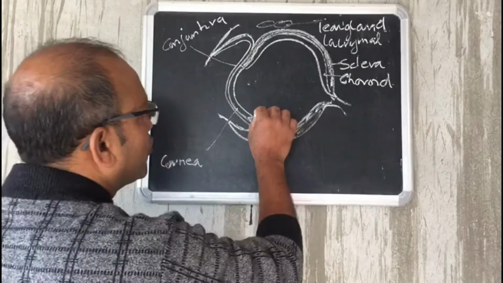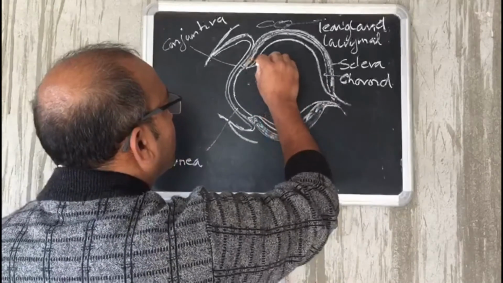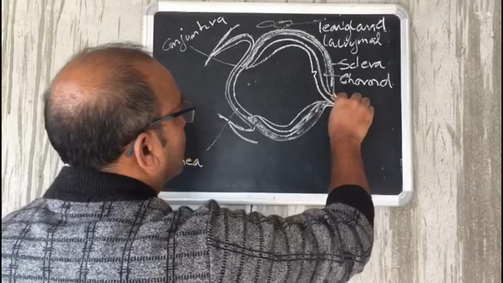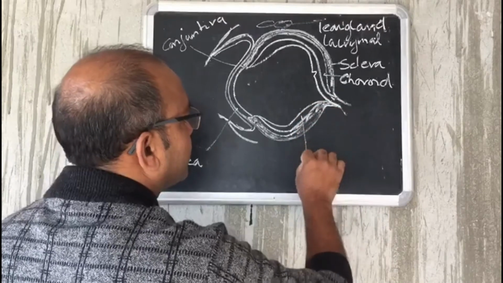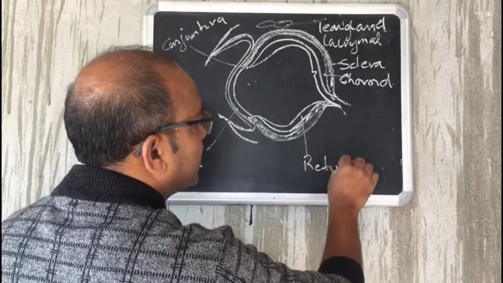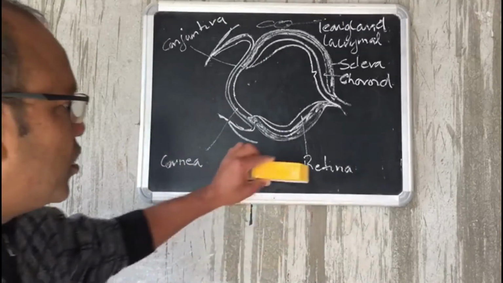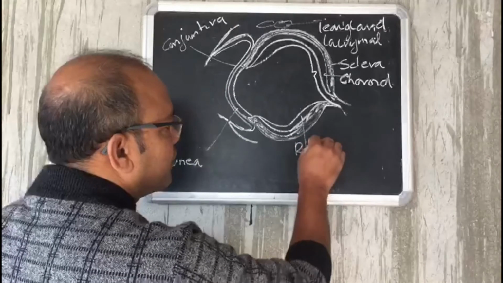Now the third and the most important layer as far as vision is concerned is called the retina. Retina is the photosensitive layer.